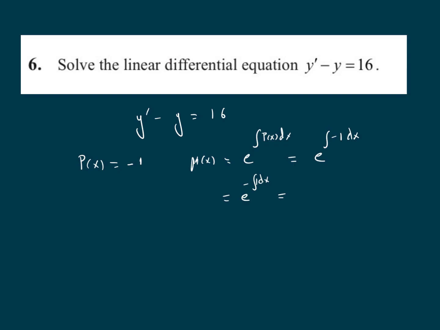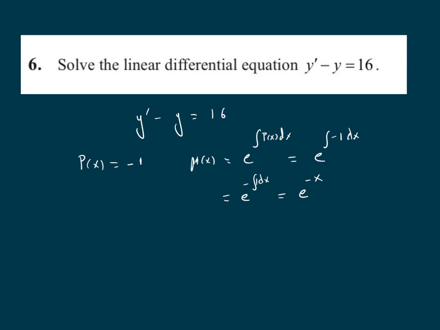What is the antiderivative of 1? It is x. So this will be e to the minus x. So this is the integrating factor that helped me open the door to solve the equation.